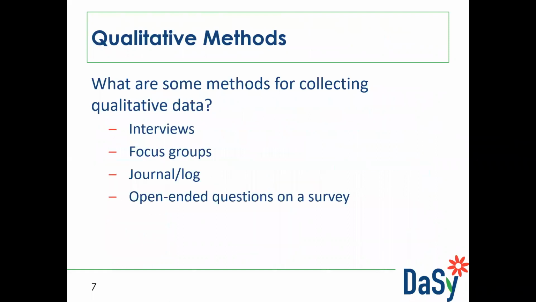Here are some methods that are commonly used to collect qualitative data: interviews, focus groups, having people write in a journal or a log, and using open-ended questions on a survey.